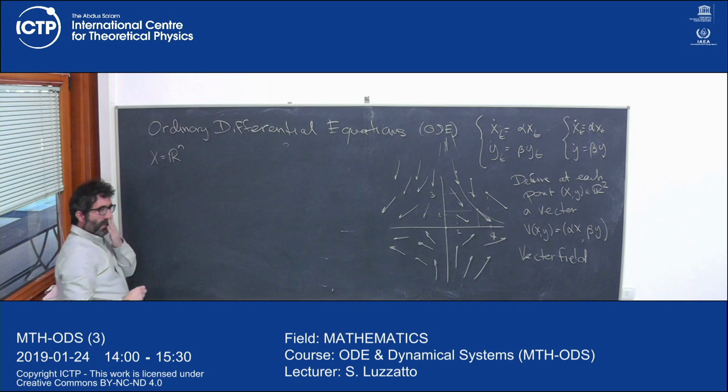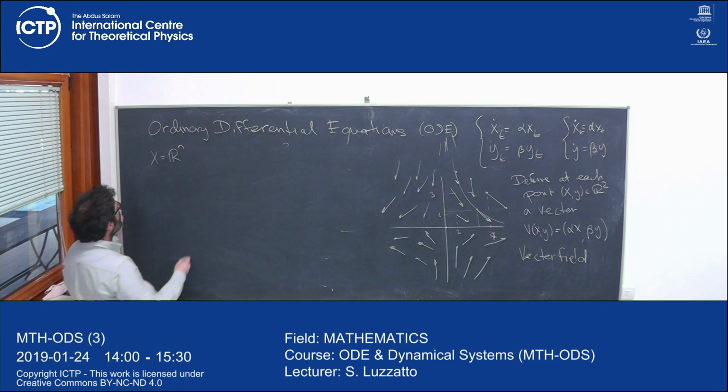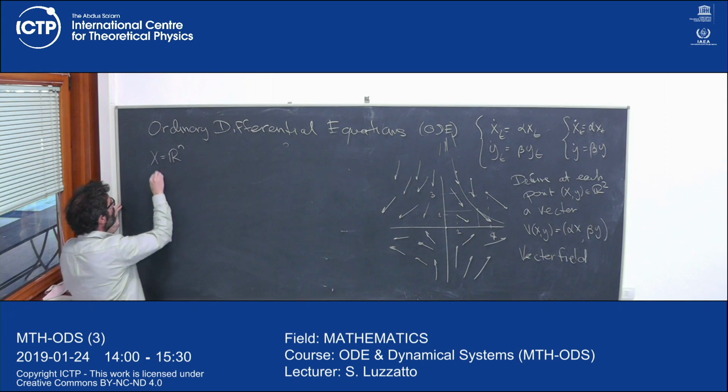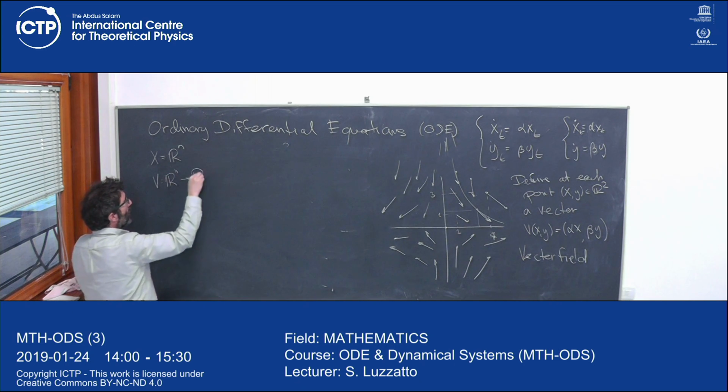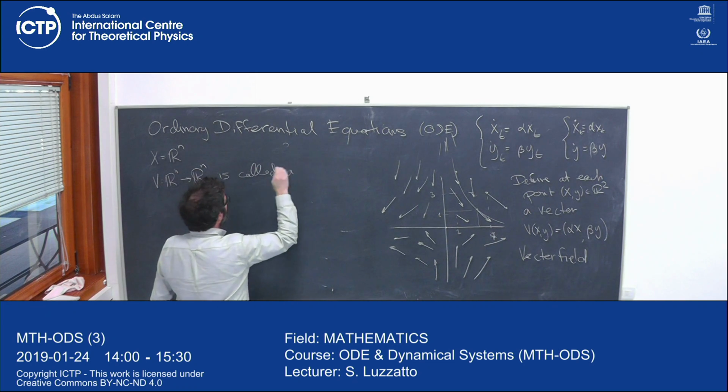The same thing can be done on manifolds, spheres, tori, but you need a bit of differential geometry for that. We say that a function v from Rn to Rn is called a vector field.